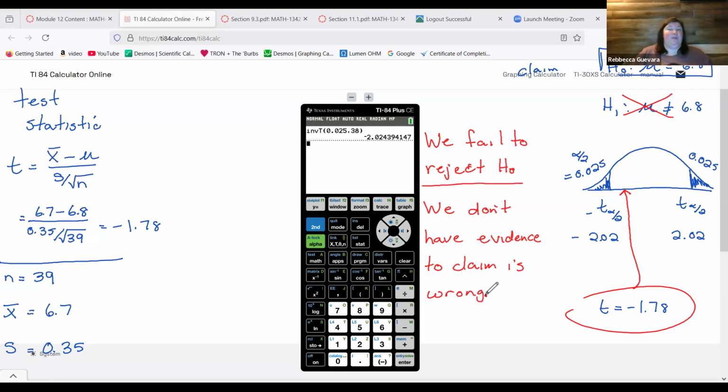The claim still could be wrong, but we just don't have evidence for it, is really all I can say. Because remember, I'm looking for evidence to support my alternate hypothesis. And if I don't have that, all I can say is I don't have evidence for it. So I don't have evidence to support my null hypothesis, and I don't have evidence that the claim is wrong.